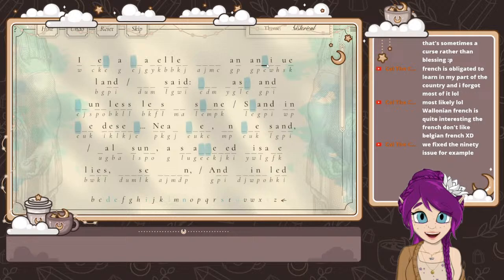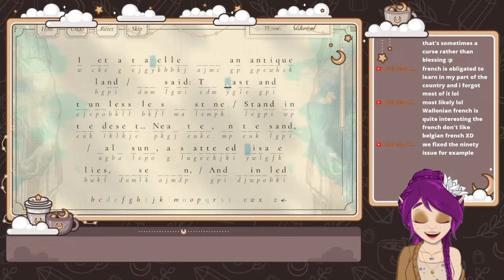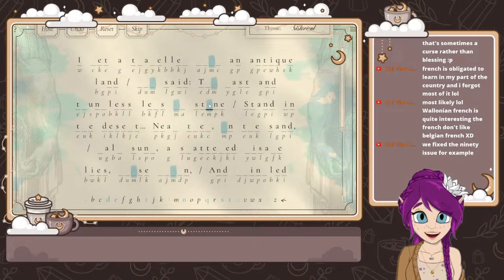And antique? It is historical. Antique works. An antique land. Past? I was gonna say this is the, but it's not the. Stone? Stone?